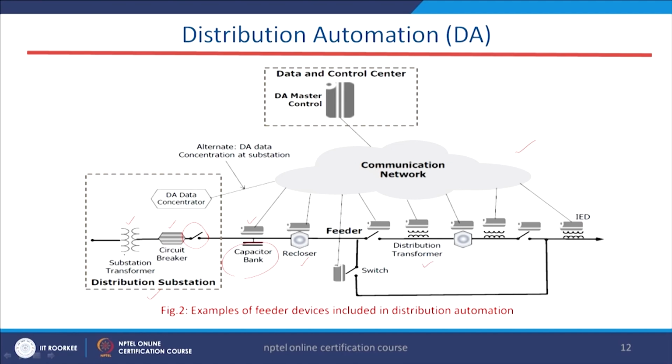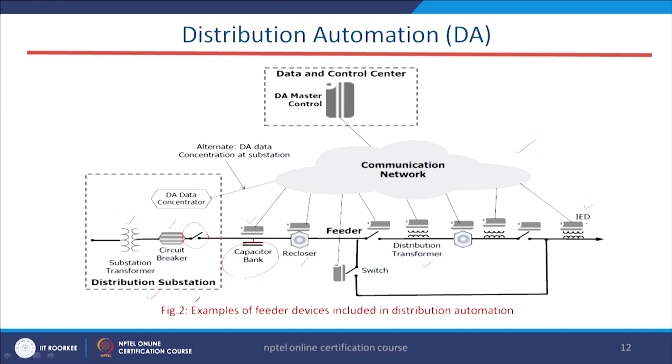This is a substation transformer. The distribution transformer steps down the voltage to the 440 volt level. If this is an 11 kV substation, we have to step down to 440 volt. I just said one term there: how does this IED connect to the system?